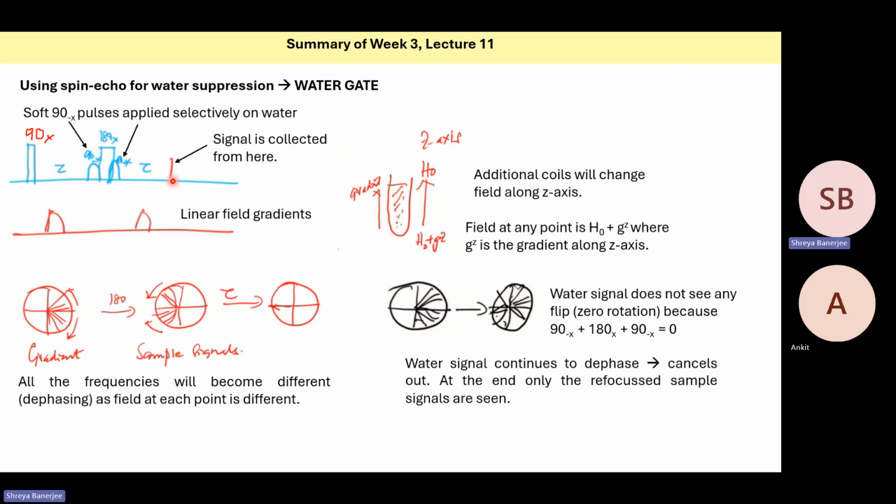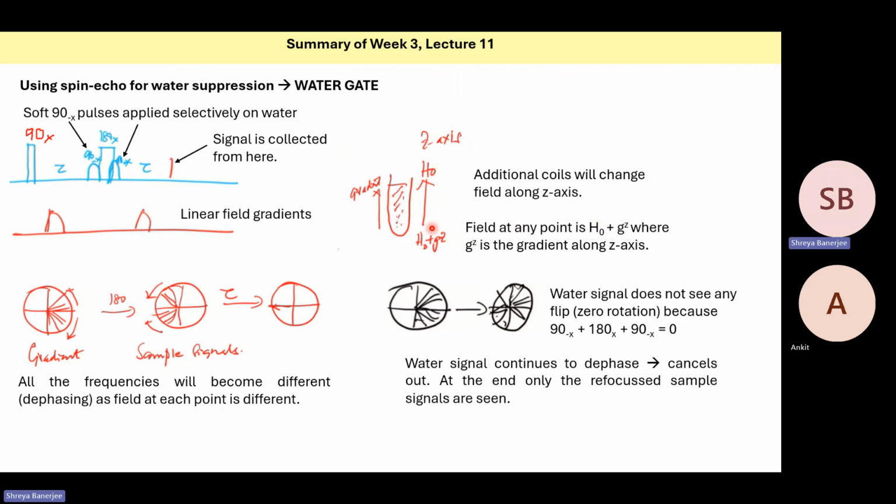There is another additional thing here, that is the linear field gradients. So normally we consider a constant field H0. But in this case, the field is changing. So if you have the solvent tube here, there are coils around the solvent tube which change the field. So suppose this is the solvent tube, from bottom to top, the field will change.